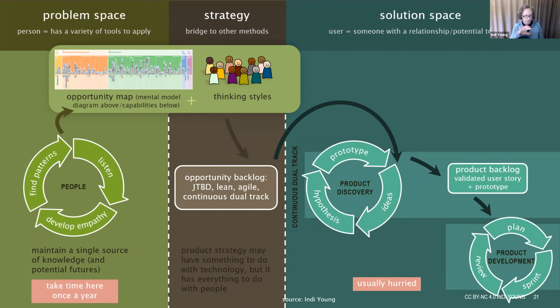What I have drawn out with all those circles there is an existing methodology called continuous dual track. You can replace it with whatever methodology you use at your org, maybe jobs to be done or some mix of lean and jobs to be done or something.